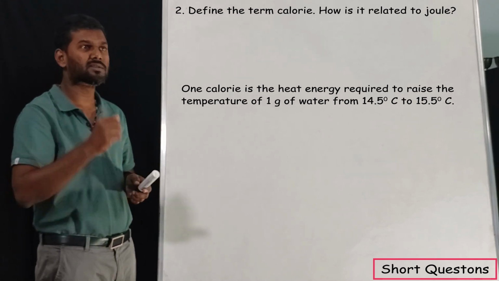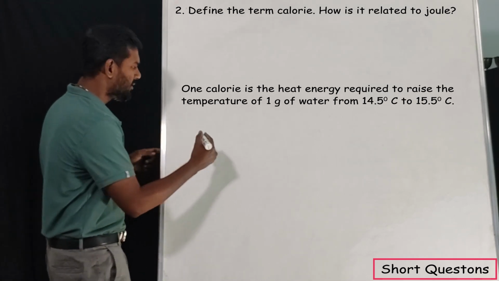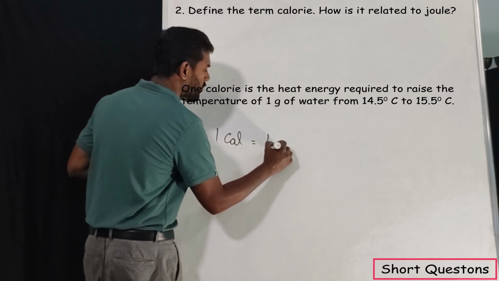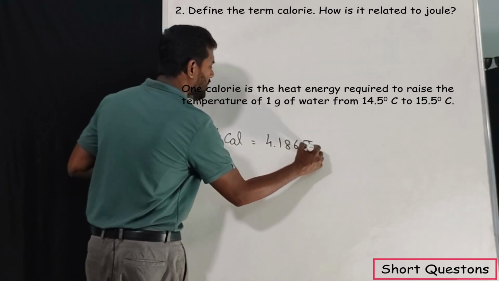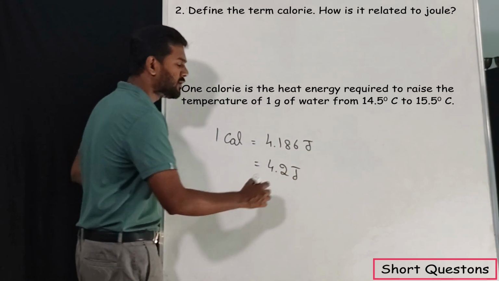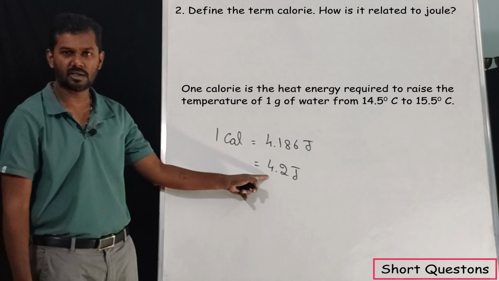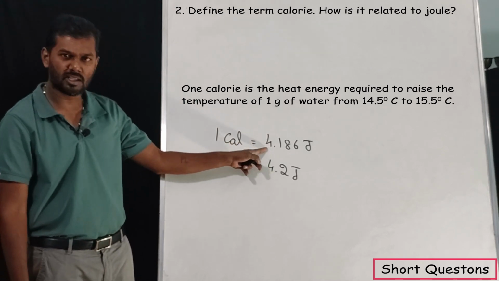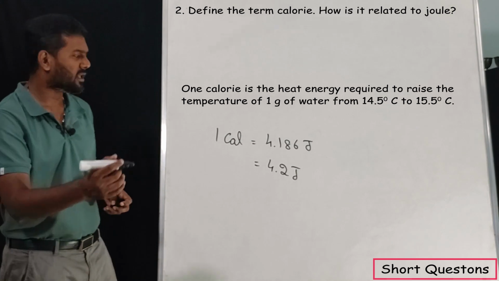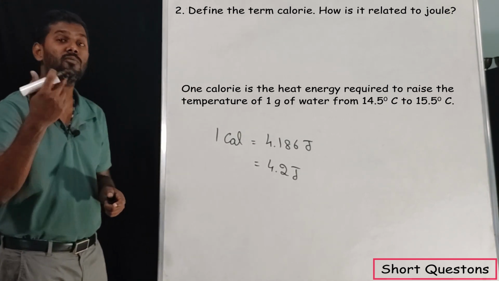And how they are asking how it is related. See, 1 calorie is equal to 4.186 joules, or you can take it as 4.2 joules when it comes to calculation. This will be easy. You can take this one or this one, anything, you will get the full marks. Then see, this question has one more name.